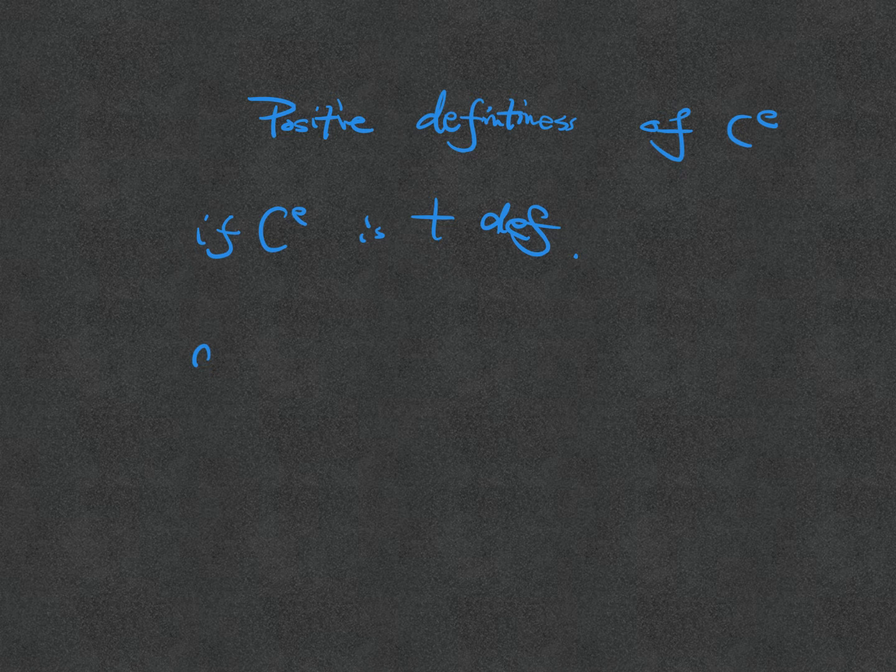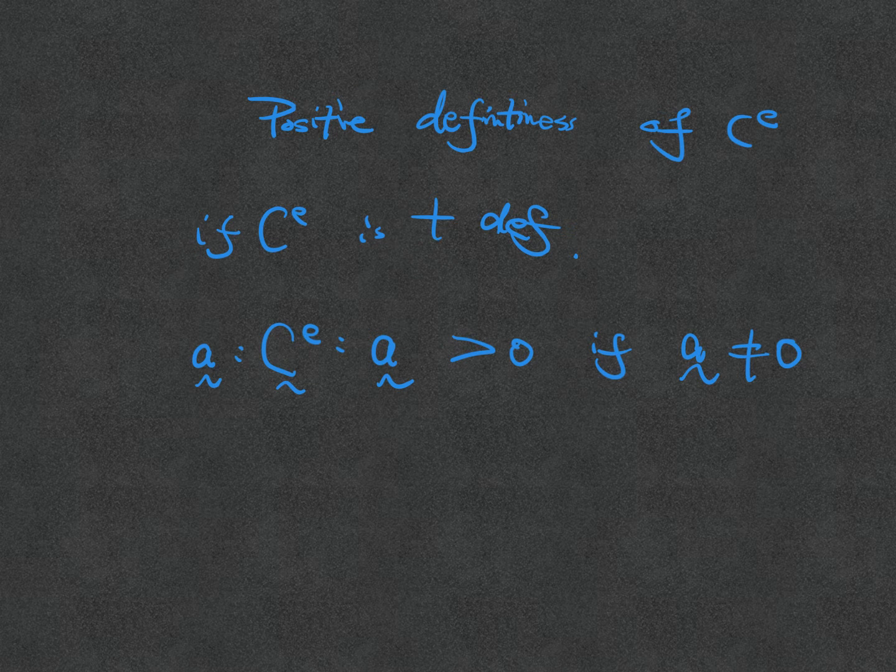If A is any arbitrary second order tensor, then the quadratic term A double dot CE double dot A is always greater than 0 if A is not a trivial second order tensor. It cannot be negative. On the other hand, if CE has a negative eigenvalue, you can get something negative. Why is it important?